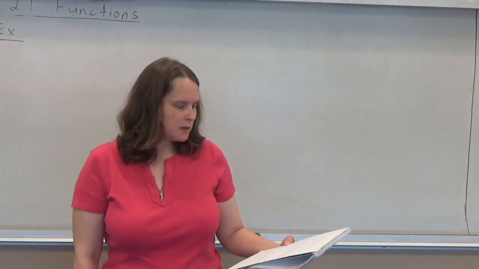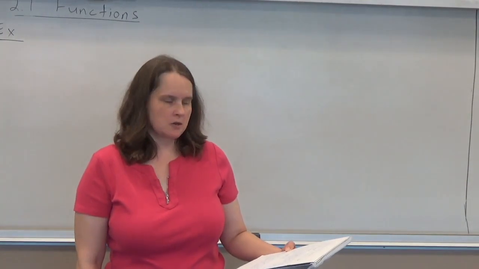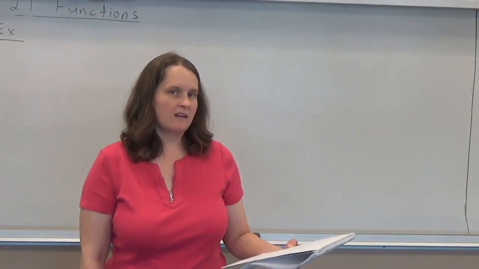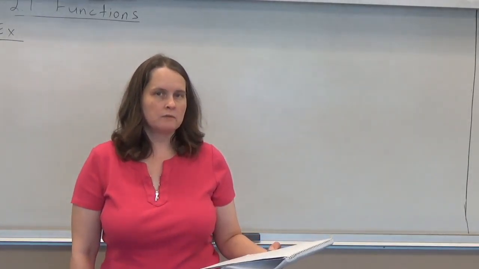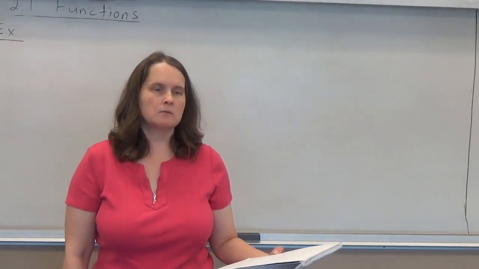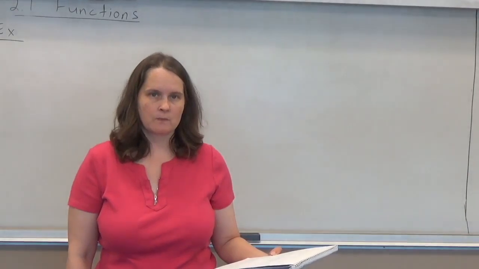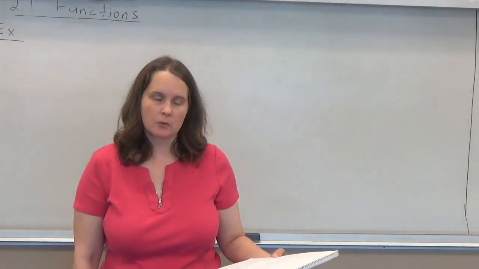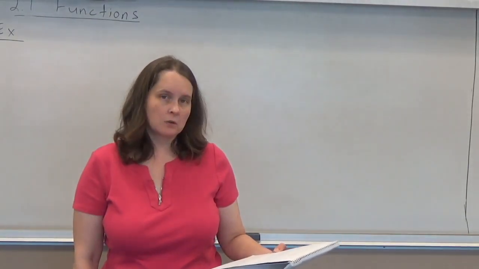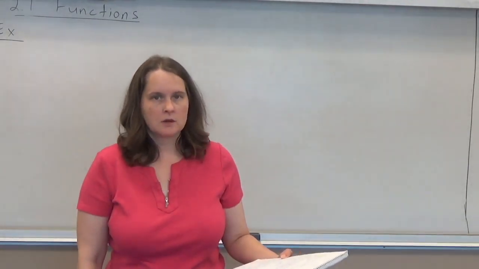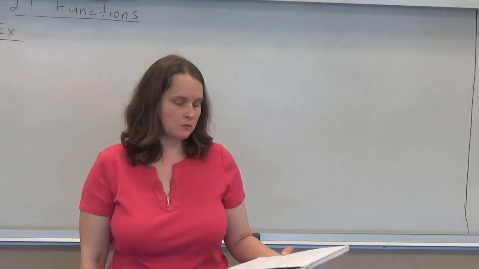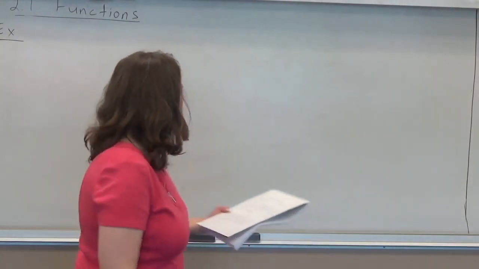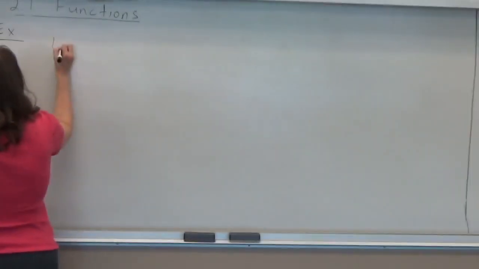So how can we write this information as two ordered pairs? You have years and you have population. Which one of those do you think would be the x value, or the input? We can also think of this as the independent variable. The year will determine the population. So we'll let x equal the year.